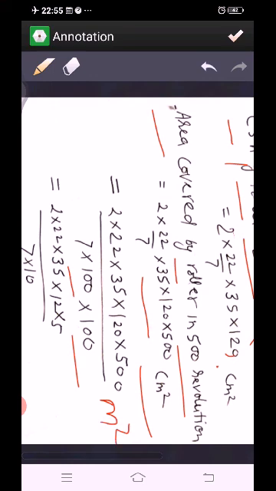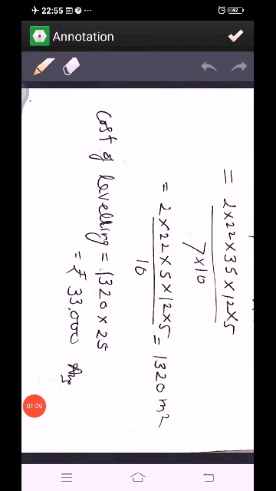Now after doing all this calculation, we get these 3 zeros will be cancelled. 1, 2, 3. We can say these 3 zeros cancel. So we are getting numerator 2 into 22 into 35 into 12 into 5, and denominator we are getting 7 into 10.